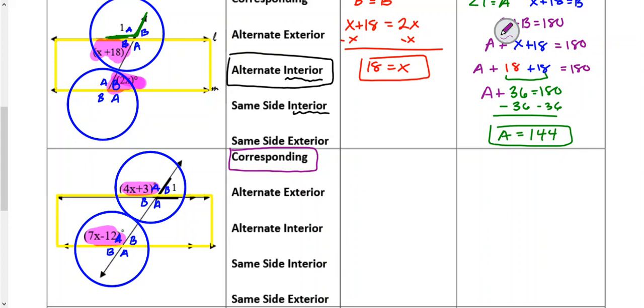Okay, now when I'm solving, it looks like both of my highlighted angles are A. So I can use A equals A. Set them equal. 4x plus 3 equals 7x minus 12. Subtract 4x.